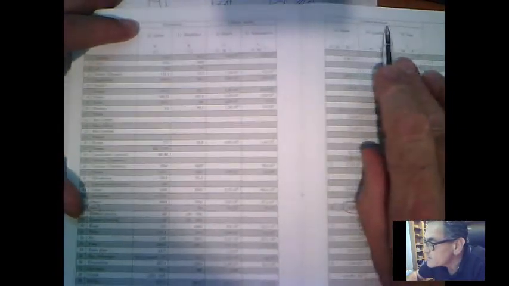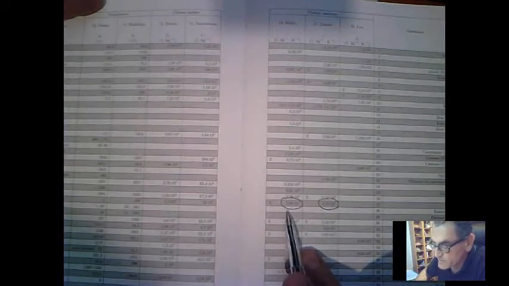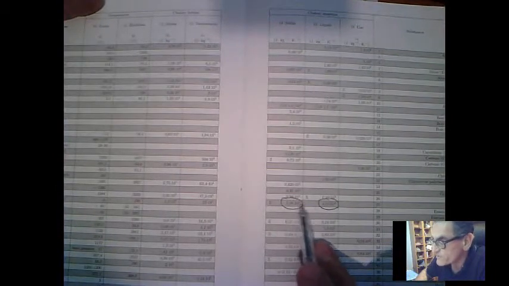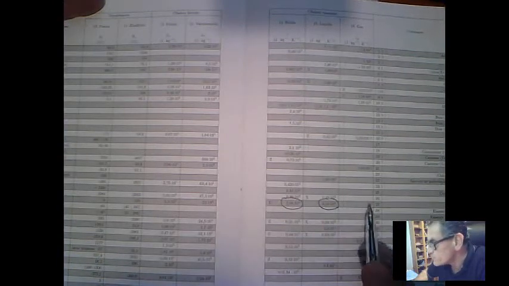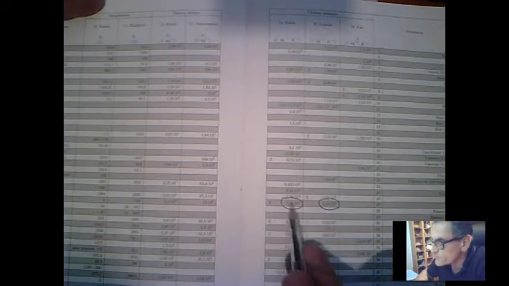Okay, and under water, you have here the specific heat, chaleur massique, and you see that this specific heat is given for the solid phase and for the liquid phase. Sometimes it's given for the vapor phase, but not always.